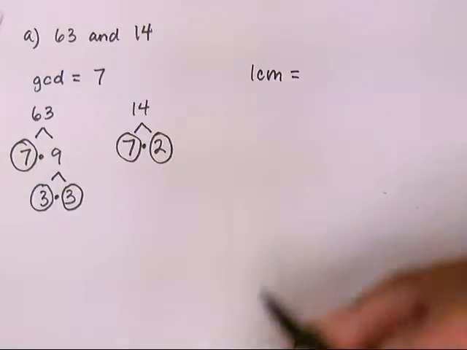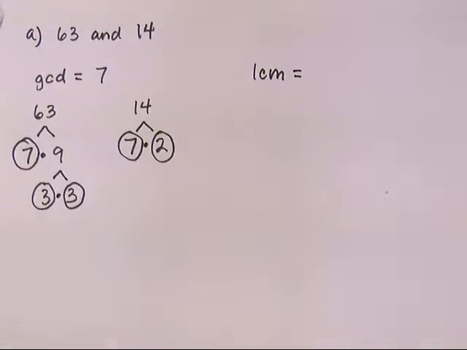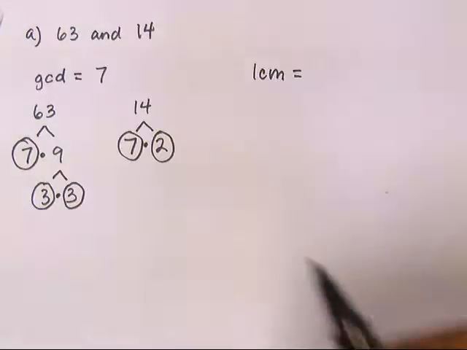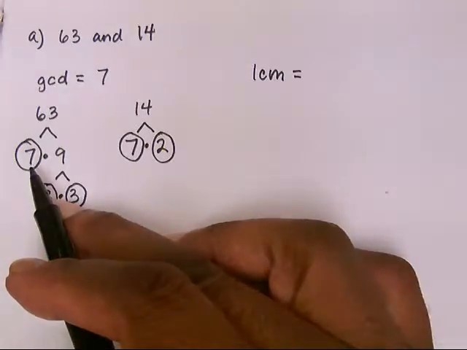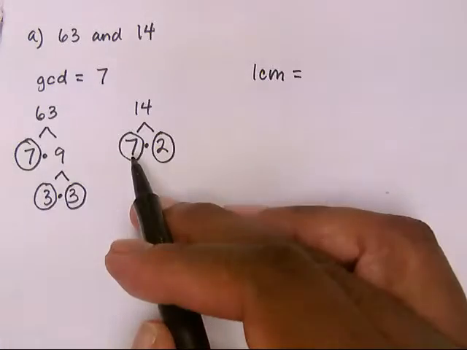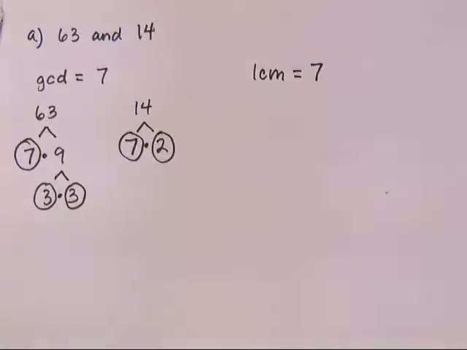Now for the least common multiple, we can still use the prime factorization of 63 and 14. But the way we find the least common multiple is this. We use each factor the greatest number of times that it occurs in any single factorization. The 7 is only used once in a single factorization, in the 63 and in the 14, so we write down the 7.